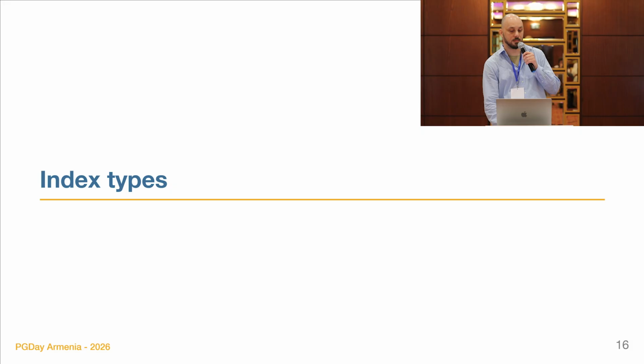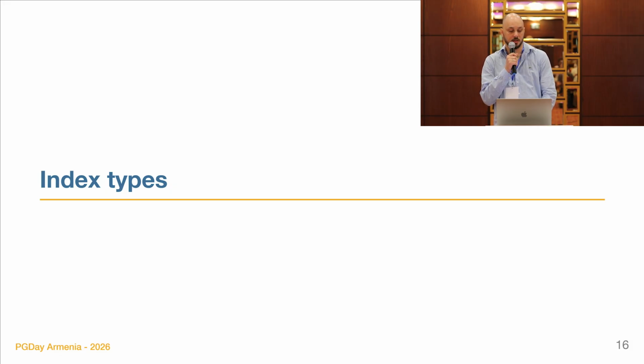Now let's talk a bit about other index types. We talked about B-tree. So far, it's the most useful index. Probably it covers the majority of cases, but for some specific data types and scenarios, there are other index types that also can help us.